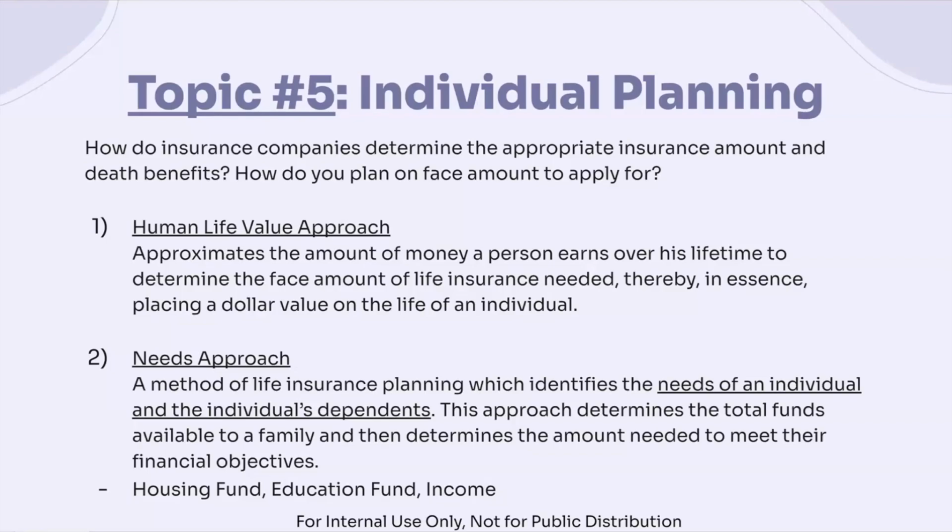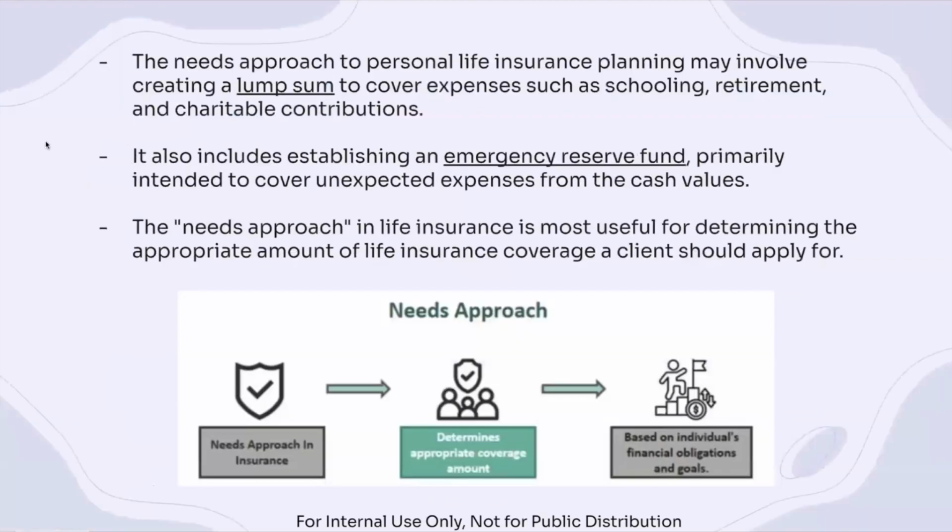But number two is the needs approach. Instead of how much one has earned, we look at the needs of the individual. We think about, okay, this person has two children. They need a college education, they need housing. How much housing funds do they need? With the needs-based approach, we can also look at the emergency reserve fund, and I mentioned this in other topics.